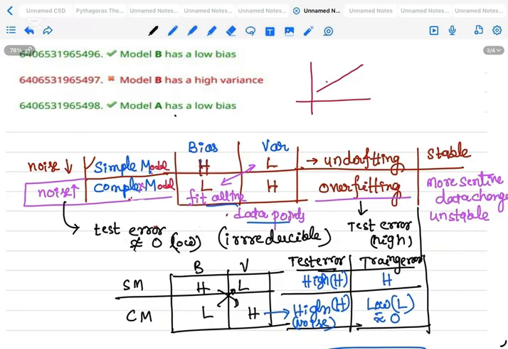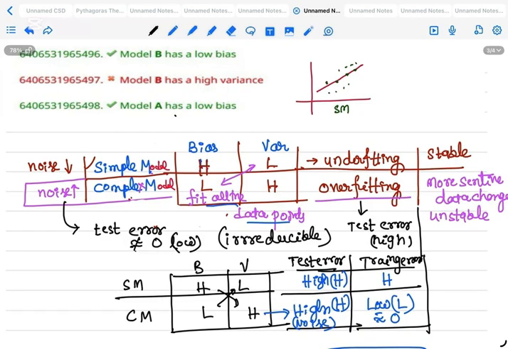For example, this is a simple model. It can pass only some data points. It cannot pass through all the data points in the training data set because it has high bias. And the variance is low because it passes through only a few data points.